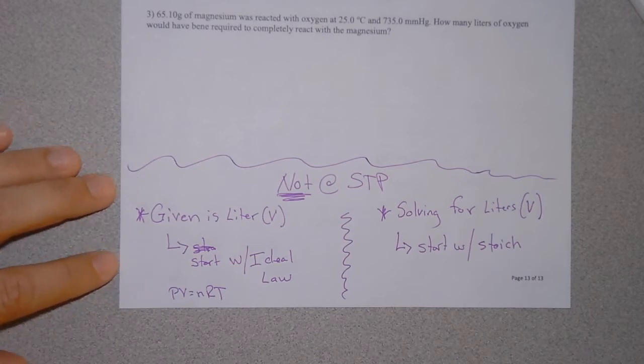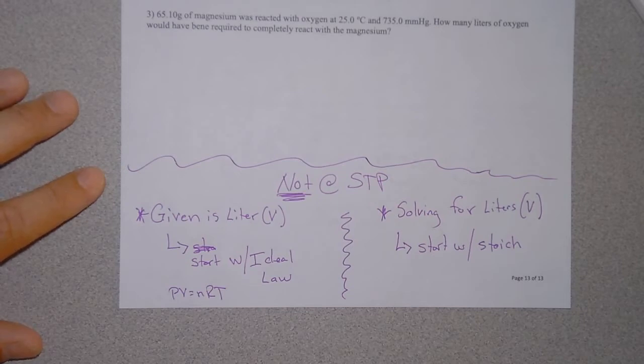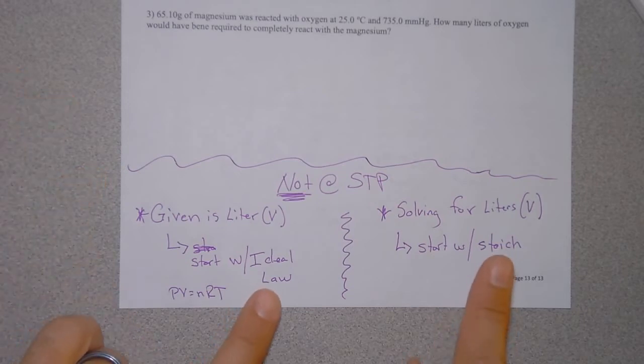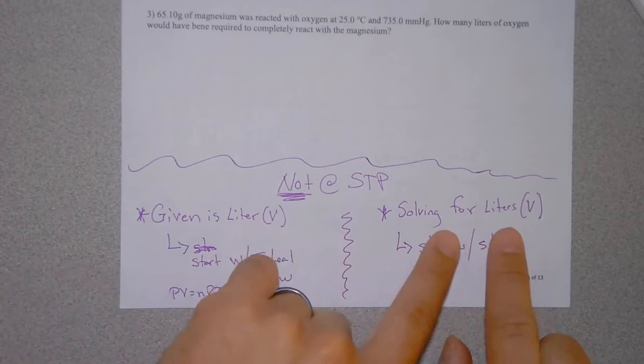So you're not getting out of one or the other. It's just which one are you going to start with to solve for whatever it is you need to solve for. So your kicker here is what's going on with your volume. Is liters given, or are you solving for it?